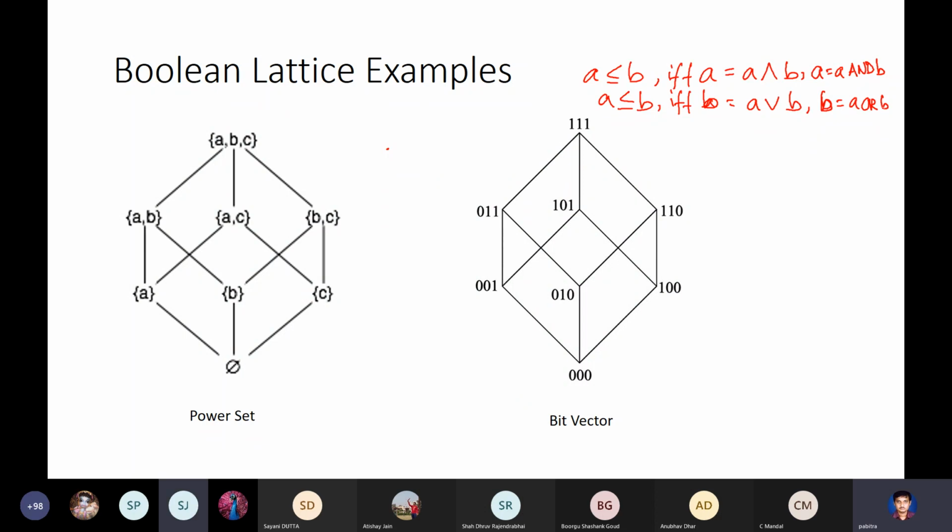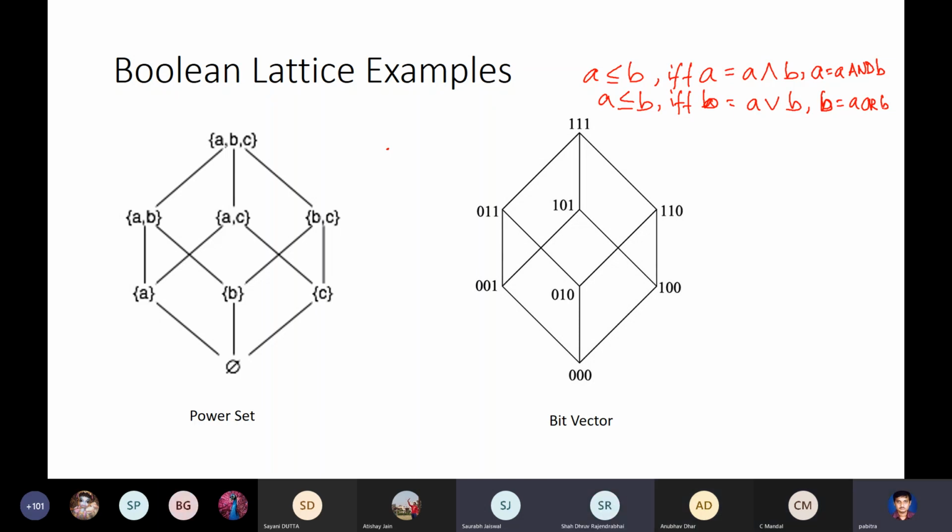So 0, 0, 0 and 0, 1, 0 is 0, 0, 0 less than equal to 0, 1, 0? Yes, sir. Take anything else, 0, 0, 1 and 1, 0, 1. Does the first rule hold? Yes, sir. These are the bitwise operators.